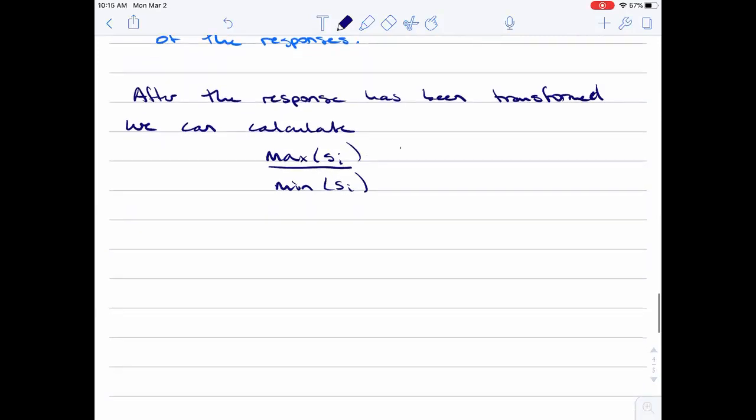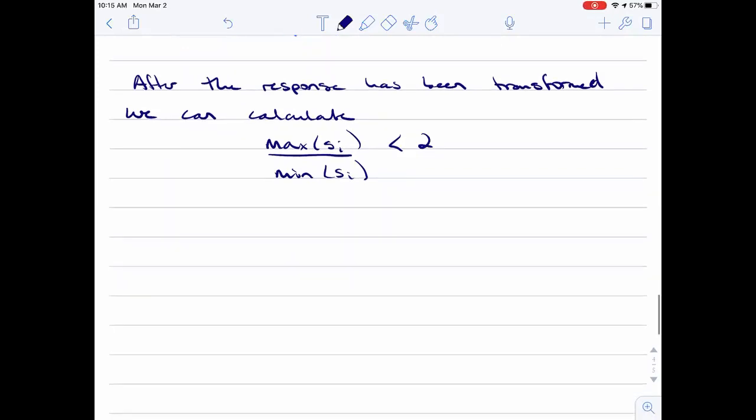And make sure that it's less than 2. We can calculate the ratio.